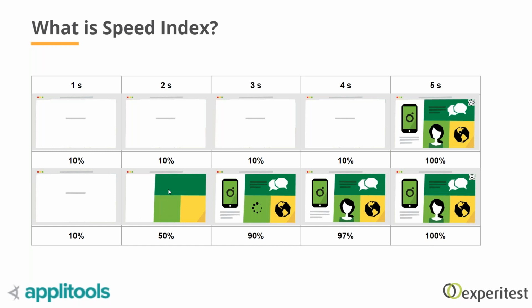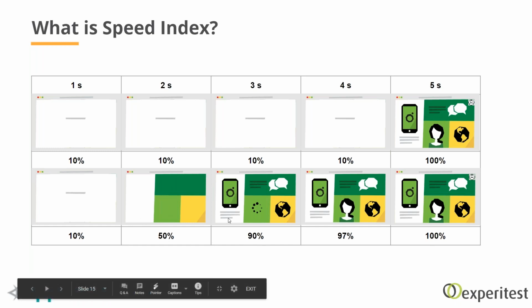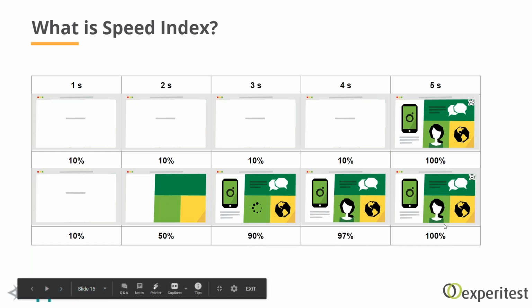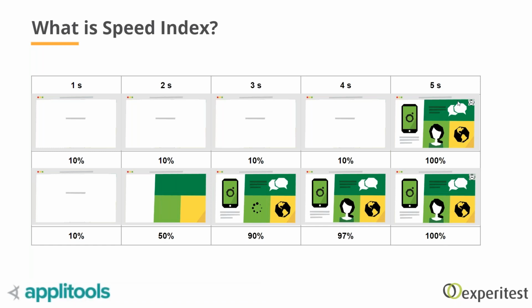as opposed to the second example, where after 2 seconds, I can see the frames. After 3 seconds, I can see 90% of the content, and then it jumped to 97 and to 100%. So obviously, from a duration perspective, those two examples are the same, but for a user, the user experience on the second is much better, and speed index calculates that.